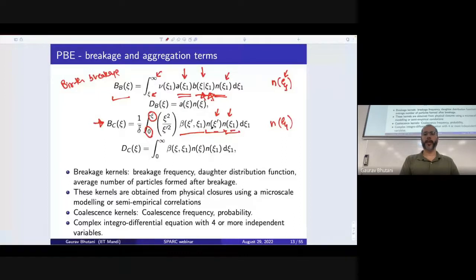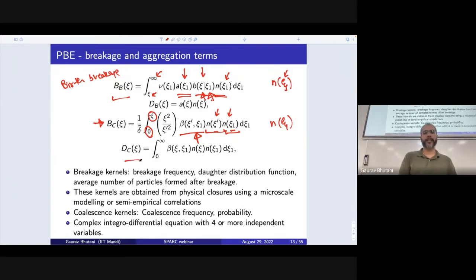So this kernel is called a coalescence kernel, and that is dependent on the physics, so we have to bring it in from our understanding of the physics of the system. All right. So this is birth of particles of size xi because of coalescence.